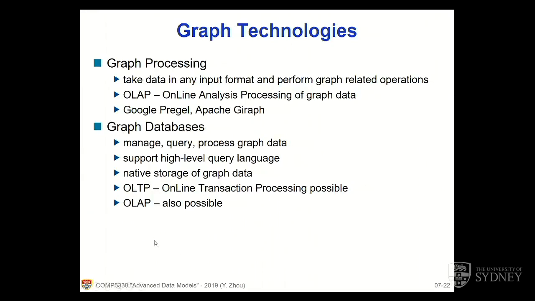And it usually supports both online transaction processing, where we need to update and query a subset and update the graph constantly, and also OLAP, the analytic type, where we want to analyze the current data. So we're focusing on the graph database, as I said.